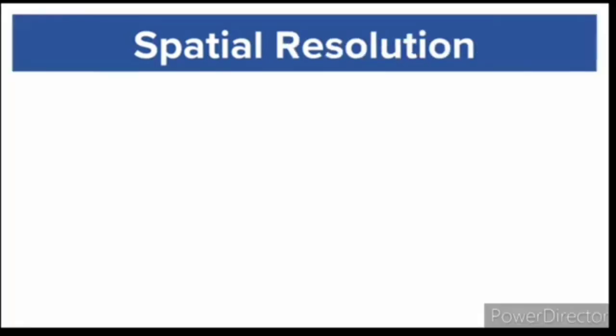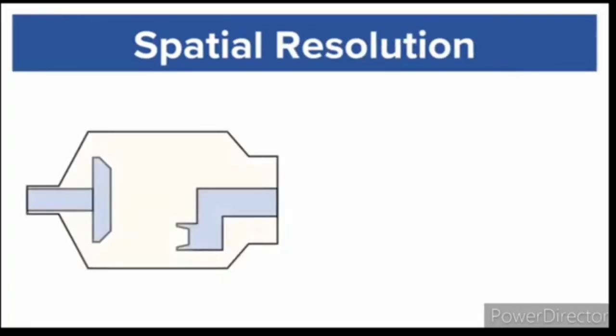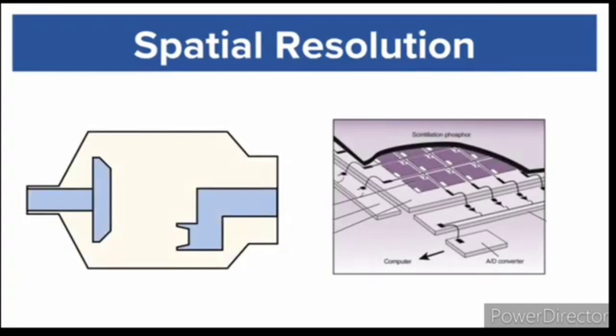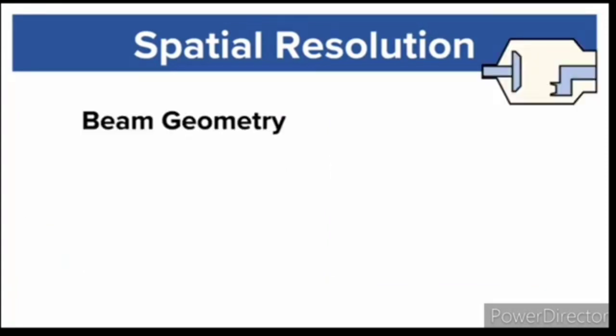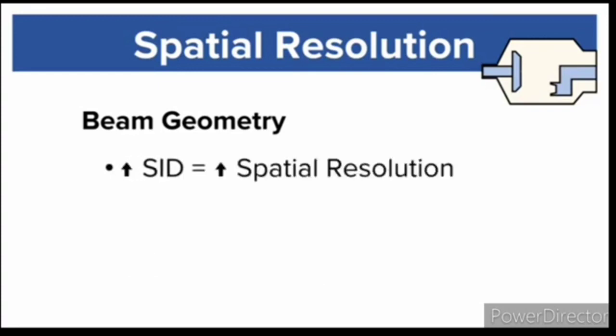Spatial resolution is affected by factors that happen before X-rays hit the image receptor and factors that happen after X-rays hit the image receptor. Factors that happen before X-rays hit the image receptor are things affecting beam geometry such as SID, OID, and effective focal spot.